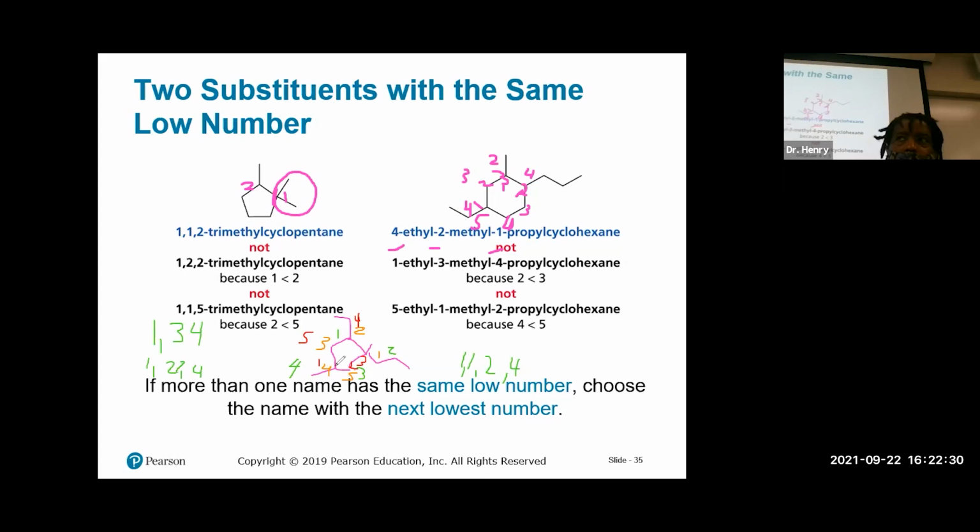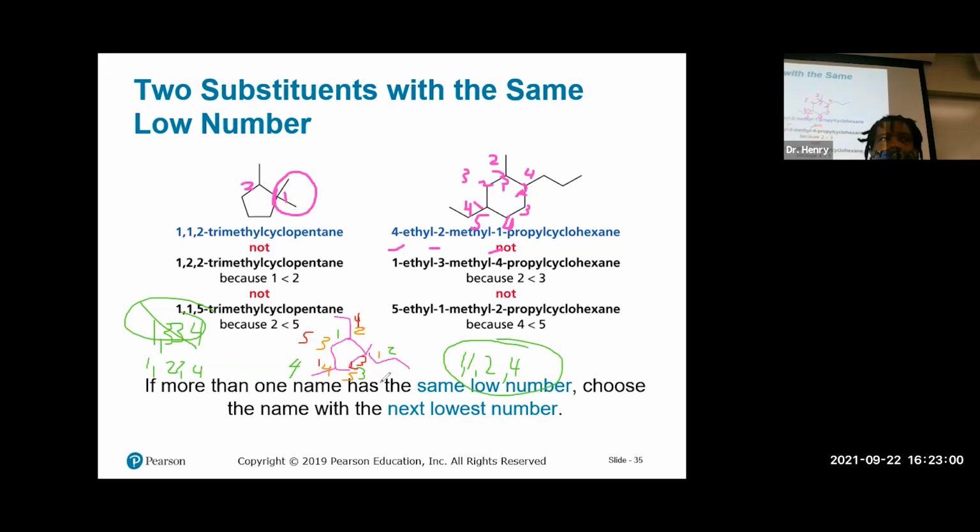And if we started here, that'll be 1, 2, 3, 2 of them at 3 and 4. Okay. So this guy is bigger number, so we wouldn't use that one, right? Because it's 1 and 3. These guys have the same number, but you have 2 of them that are starting out at 1. And so this would be the better choice, because you have 2 of them with the lower number.